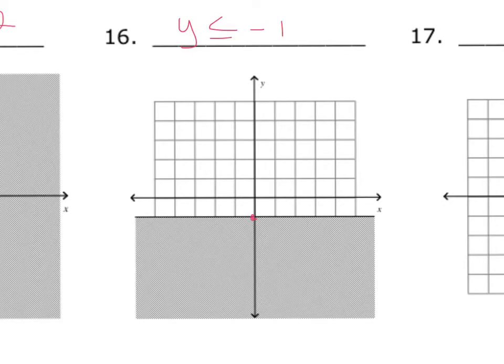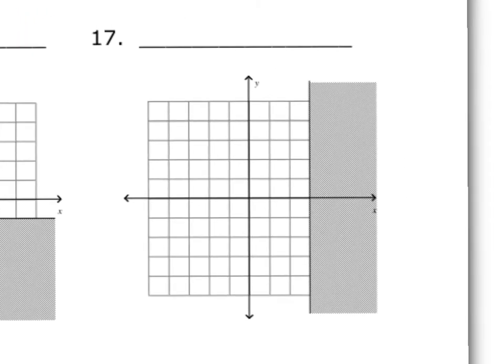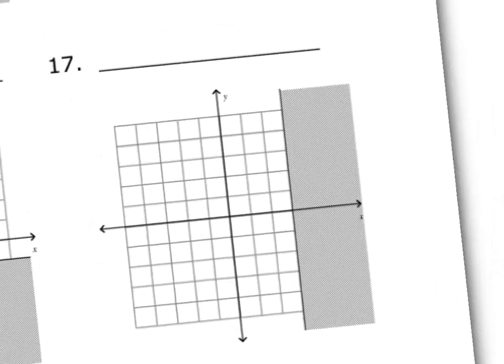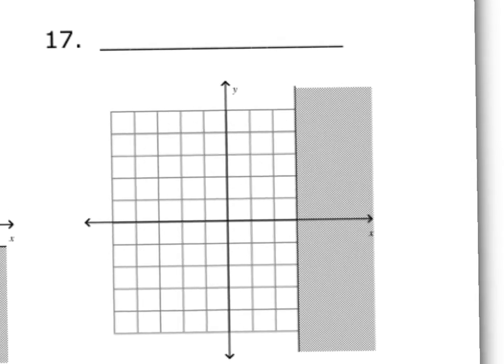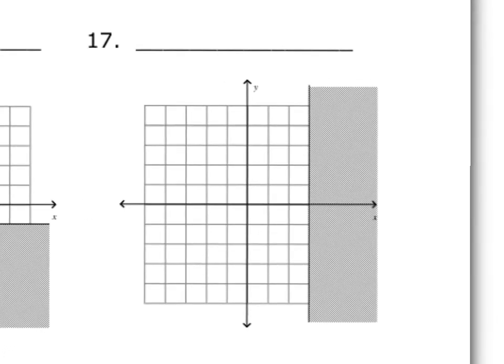Okay, and then we're going to go over to number 17. And this is also another special case. We have a vertical line here. So it has an undefined slope, and we're looking at a dotted line here, so it's not going to be equal to. And since it's a vertical line, it's only going to cross one axis, and it crosses the x-axis.